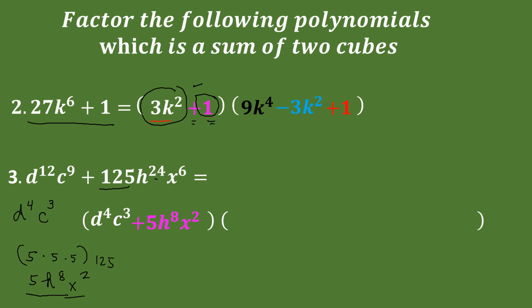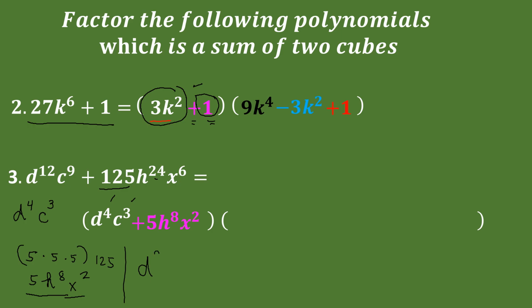And then for our trinomial, we simply multiply. So this is a variable with an exponent. Therefore, to get the first term of our trinomial, we simply copy the d and all these exponents will be multiplied by 2.